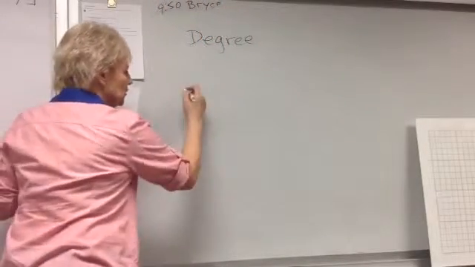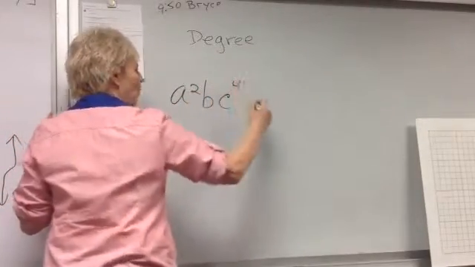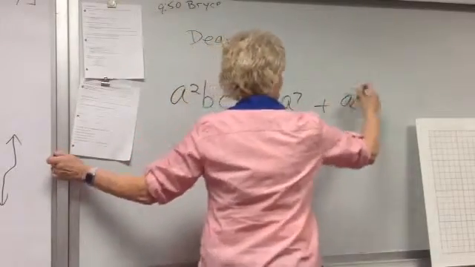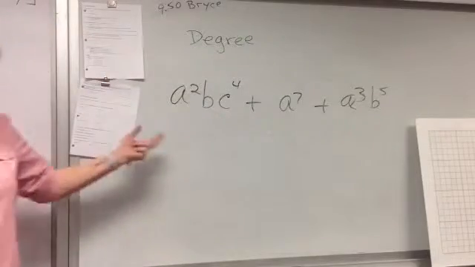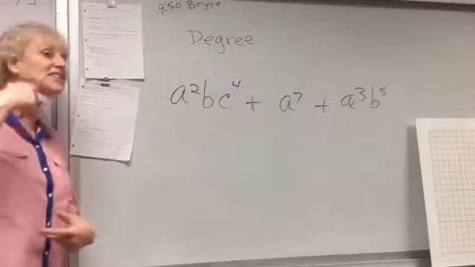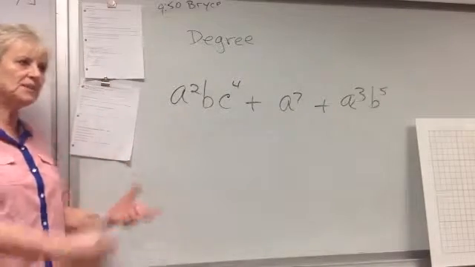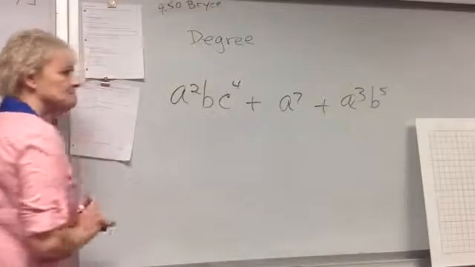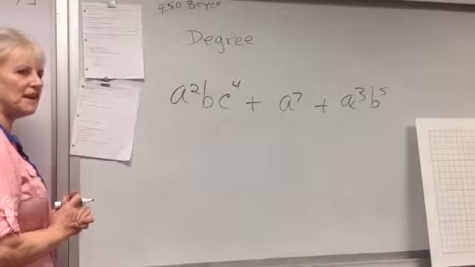All right. So, if you have a squared, b, c to the 4th, plus a to the 7th, plus a cubed, b to the 5th. Trinomial. This is a polynomial that is a trinomial. Now, we're going to have to put them in order with the greatest degree first. What's the degree here? Add the exponents of the variables. 6.